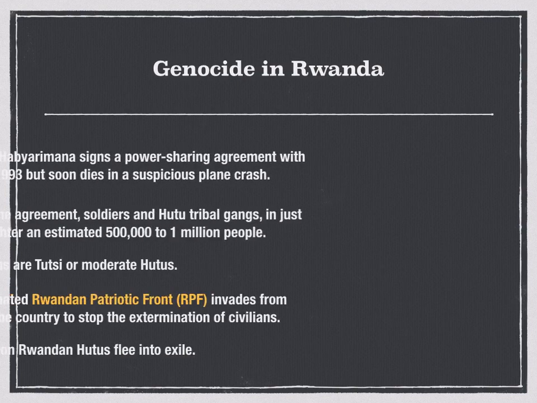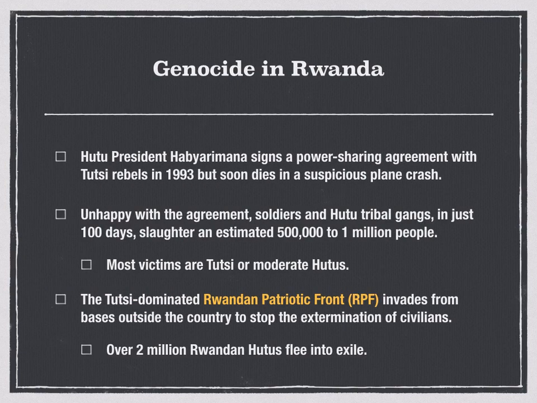Genocide in Rwanda. Hutu President Habyarimana signed a power-sharing agreement with the Tutsi rebels in 1993, but soon died in a very suspicious plane crash. Hutus were generally unhappy with the agreement, and Hutu tribal gangs and soldiers went on a rampage, and in 100 days they slaughtered an estimated 500,000 to 1 million people.